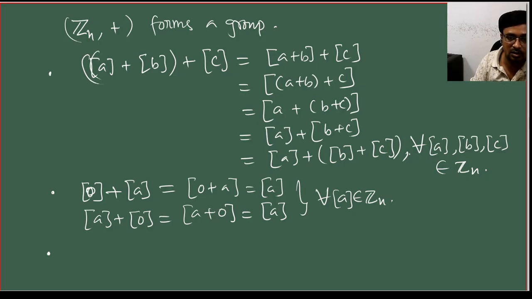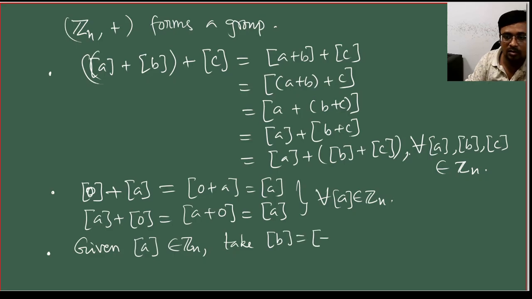Now next note that if you have any class of a in Zn, take class of b to be class of minus a in Zn.